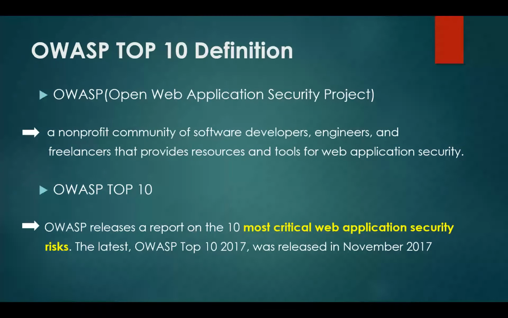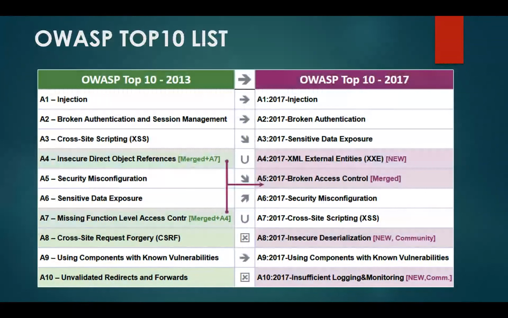So let me explain one by one what the OWASP Top 10 is. The OWASP Top 10 list is like this. The previous version of the OWASP Top 10 is from 2013. The OWASP Top 10 is selected at 3 or 4 year intervals. So the latest version is 2017 and the previous version is 2013.